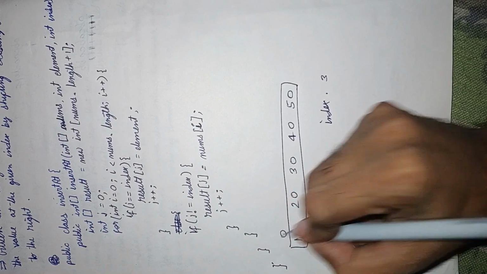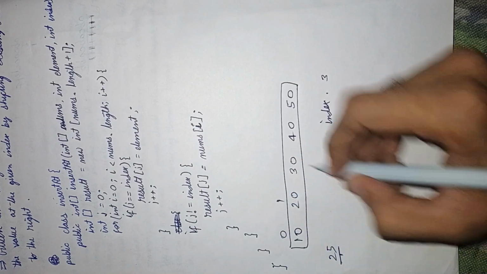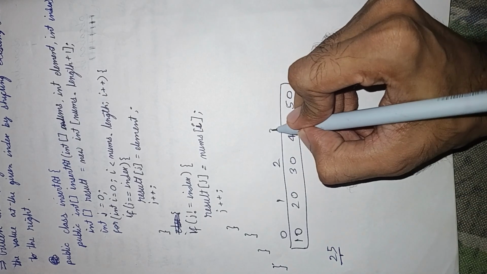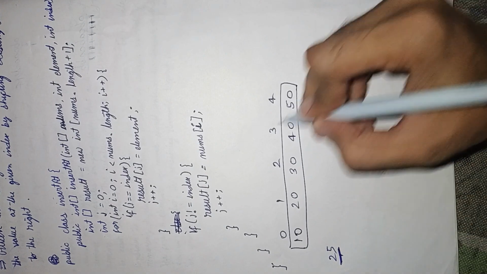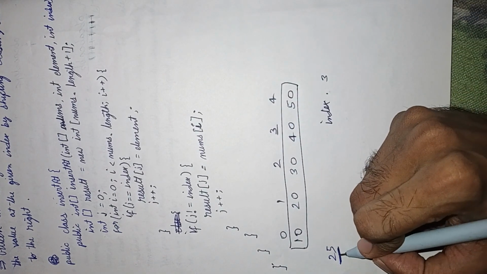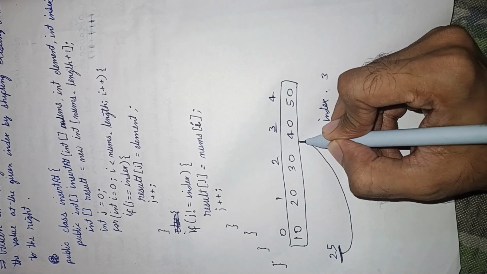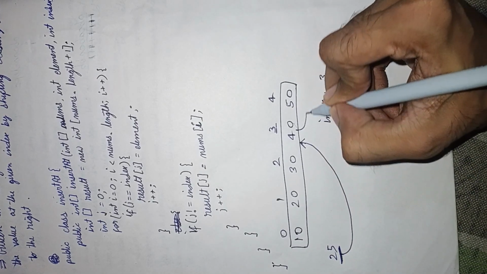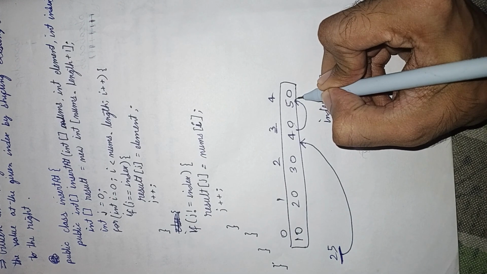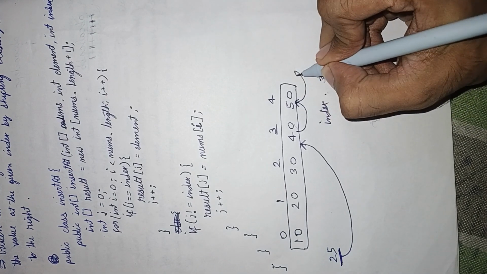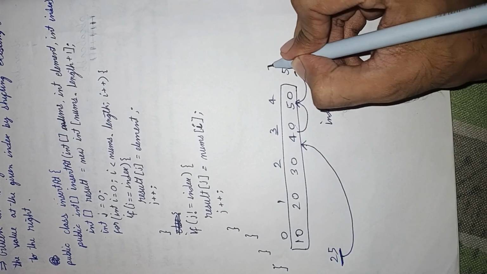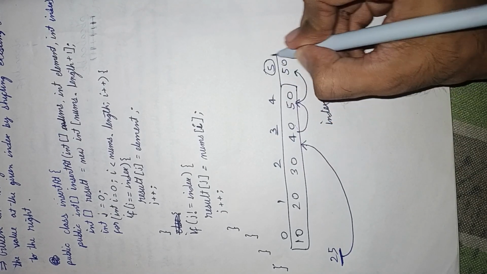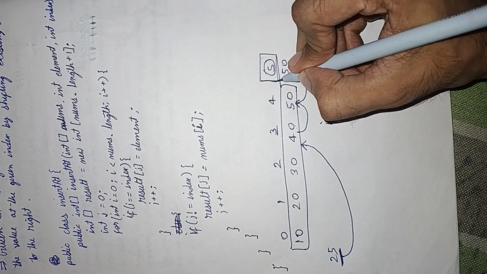So this will be 0, 1, 2, 3, and 4. Now we have to insert 25 at 3. So 25 should be inserted here, 40 should be shifted to the 4th index, and 50 should be shifted to the 5th index in the resulting array.